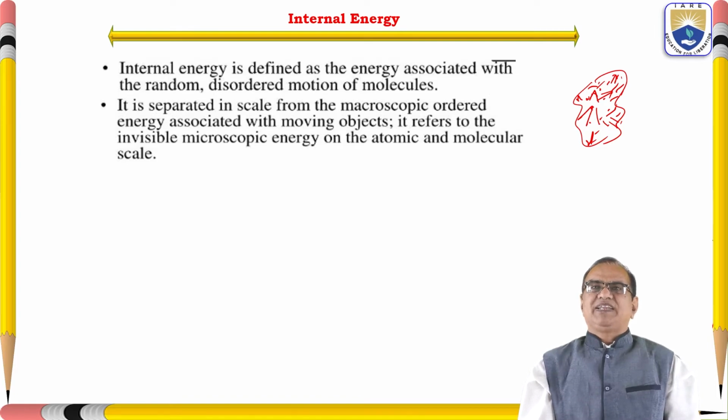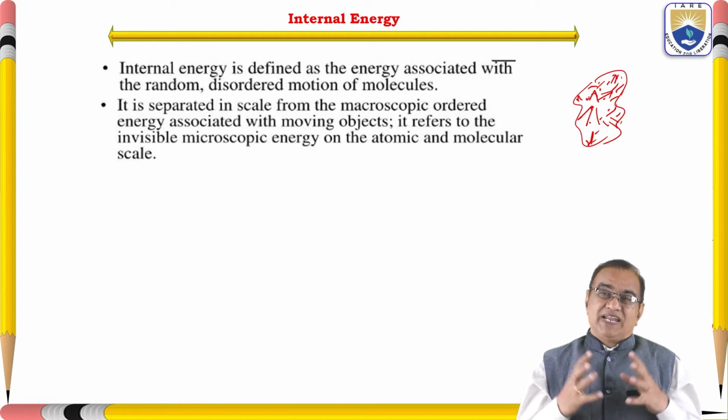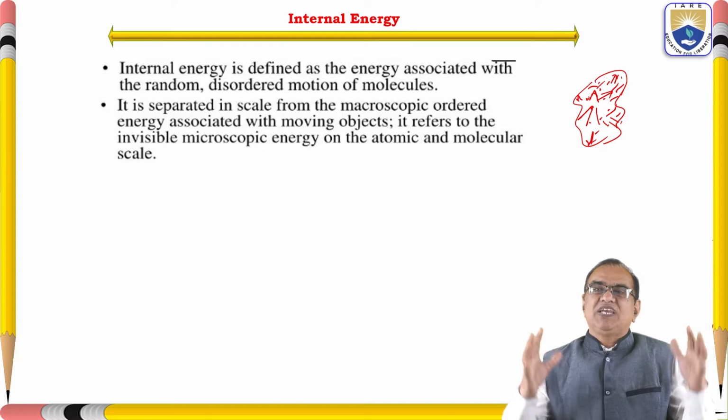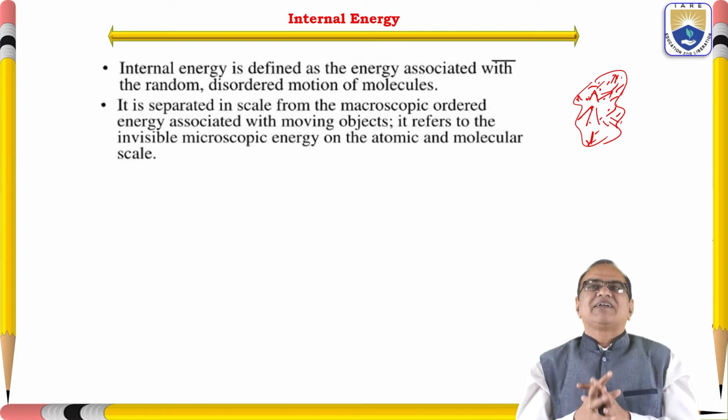It is separated in scale from the macroscopic ordered energy associated with moving objects. It refers to the invisible microscopic energy on the atomic and molecular scale. So this internal energy, we can say, is the invisible microscopic energy which the system contains.